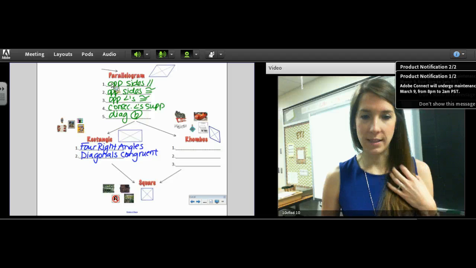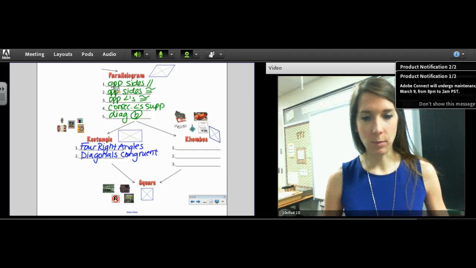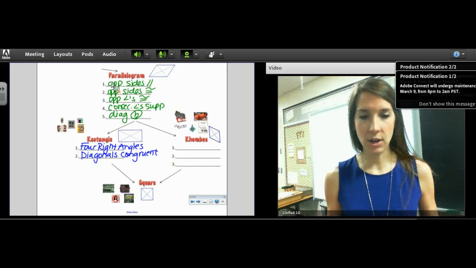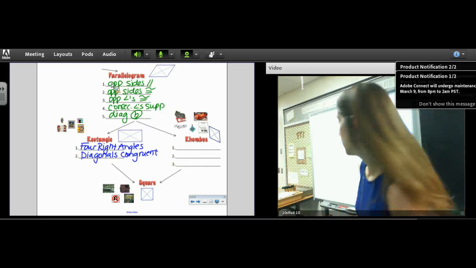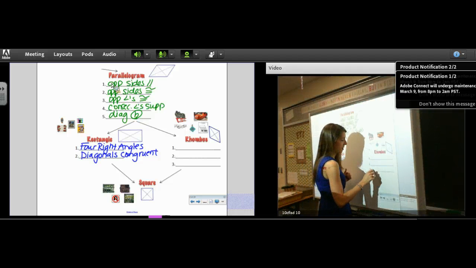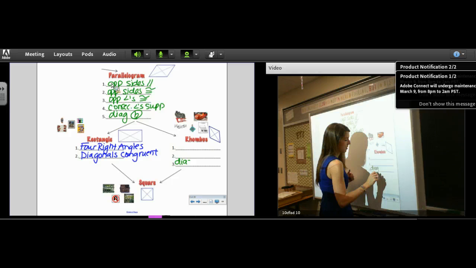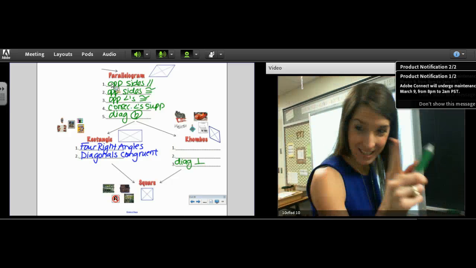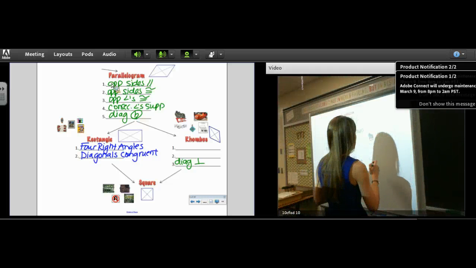What about a rhombus? What bonuses did a rhombus get? He's a parallelogram, but he's extra. What does he have? Good. Diagonals are perpendicular. I'm going to put that one last. Diagonals are perpendicular. All sides congruent. That's the definition of a rhombus. Good.